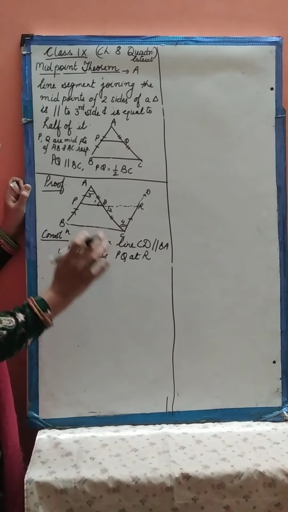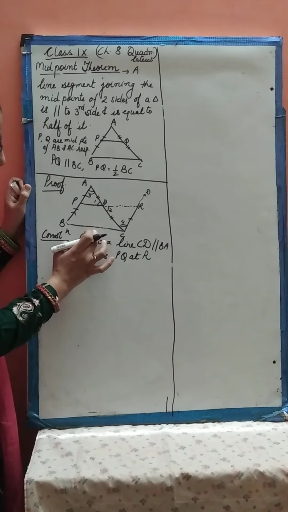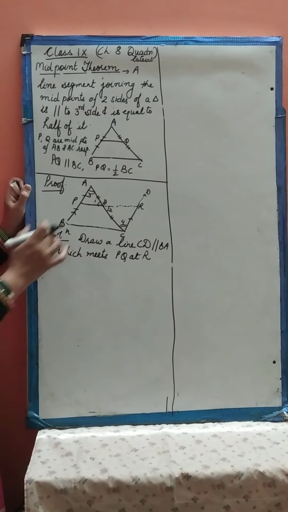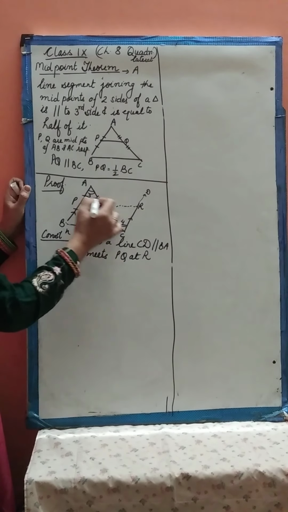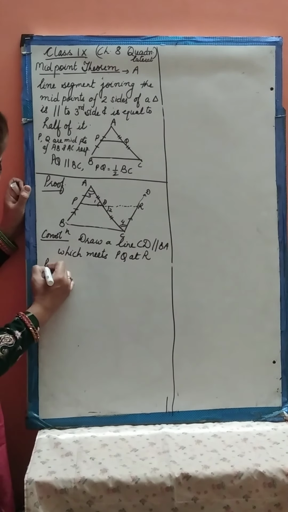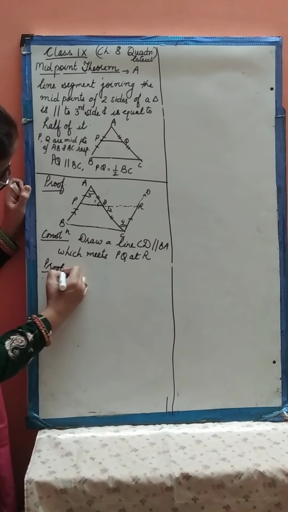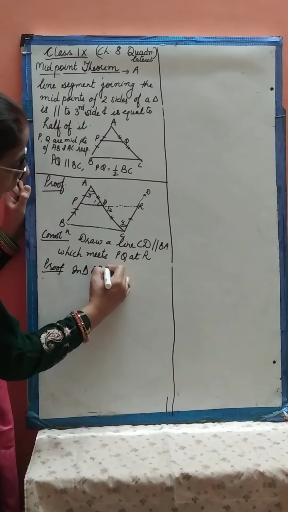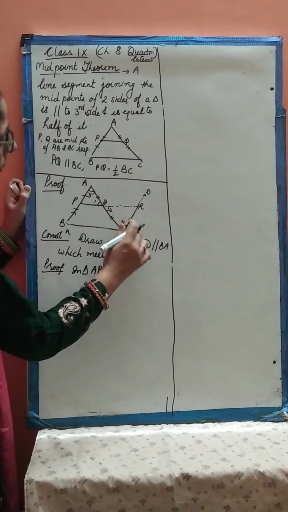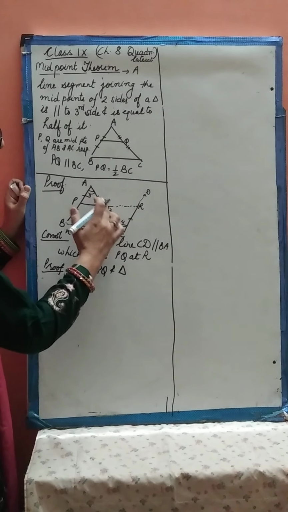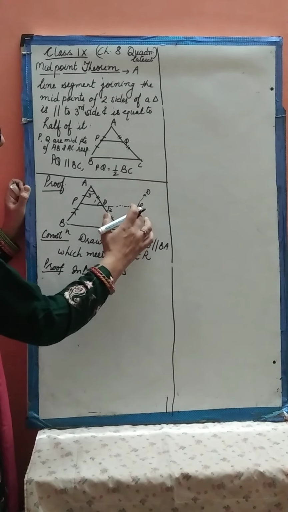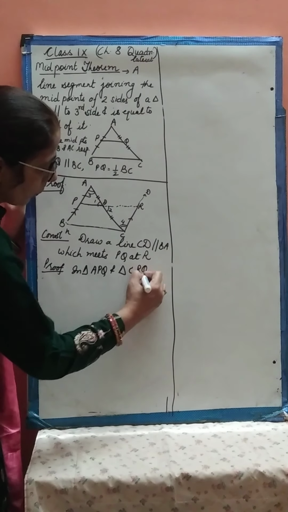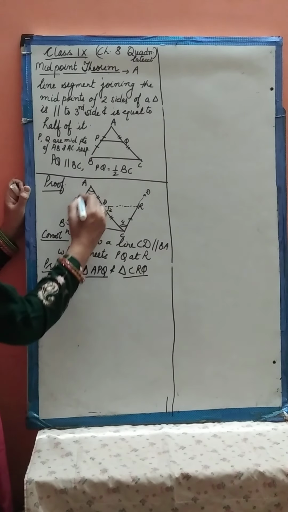Now we have to prove PQ is parallel to BC and we have to prove PQ is half of BC. What I will do, take these two triangles. Prove, in triangle APQ and triangle CRQ, what is there in these two triangles?